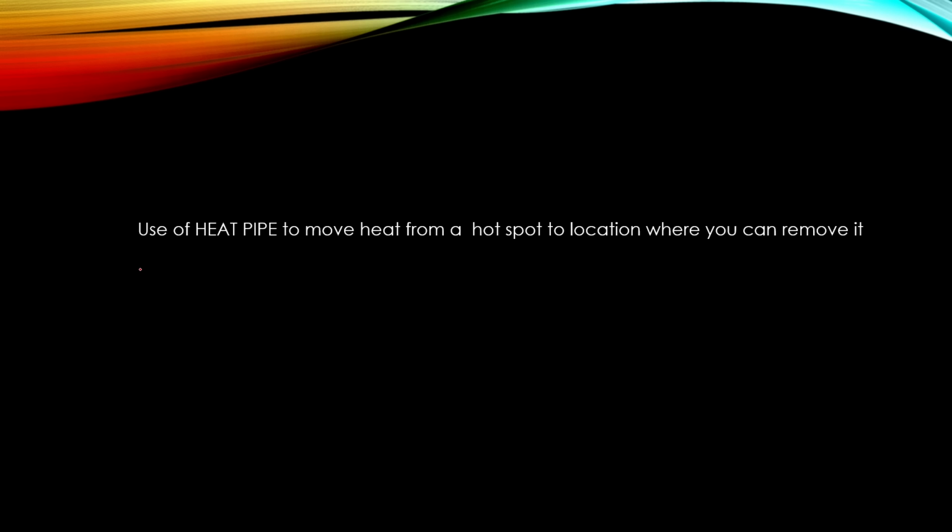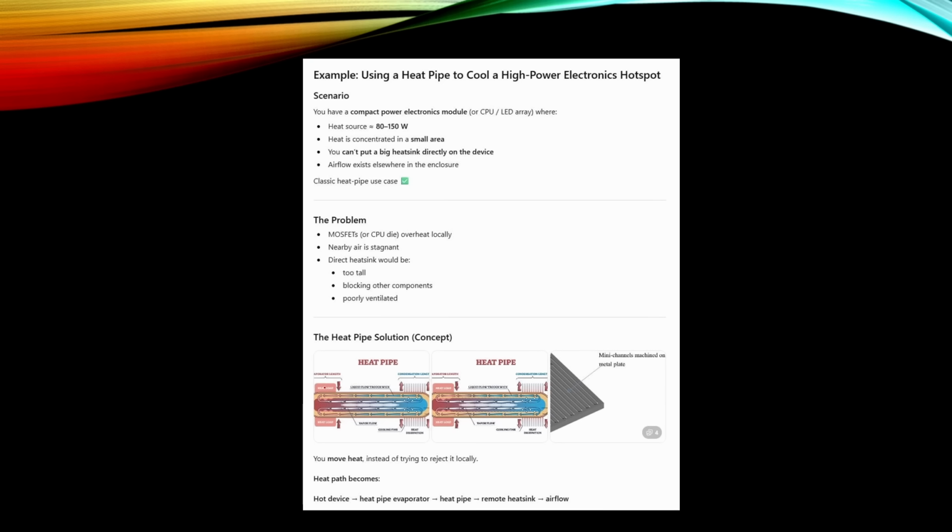If you have a local heat source, there is one very good method to move that heat from this location to another location where you can remove it. That's the heat pipe. Here we see the principle of a heat pipe. A heat pipe is based on phase change.